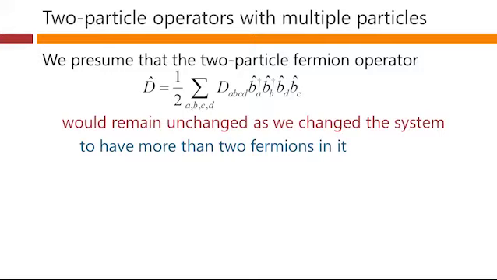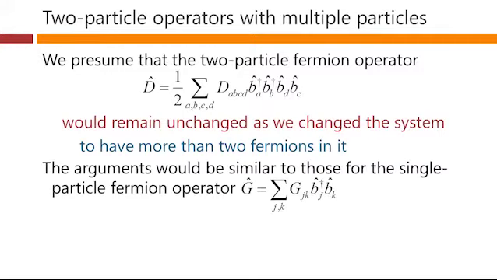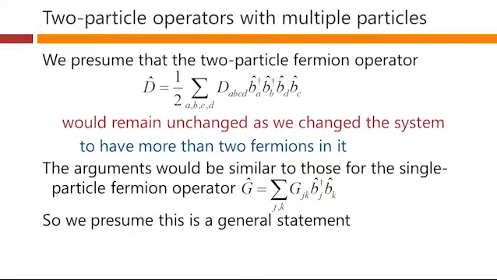So here we're just going to presume that that would work, and that argument, as I said, would be similar to our single particle one. So we presume that this is a general statement, even if we go to multiple particles. We presume we could construct an argument similar to that rather complicated one we put together for the single particle fermion operator case.